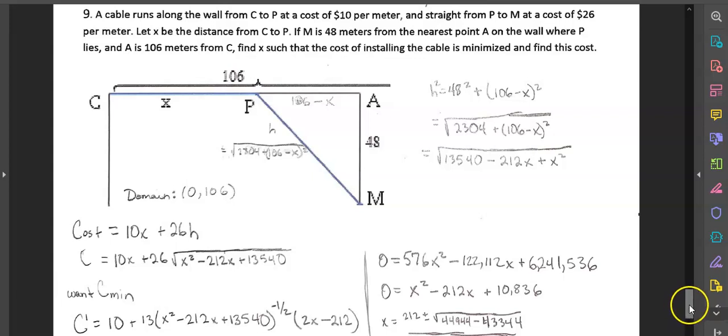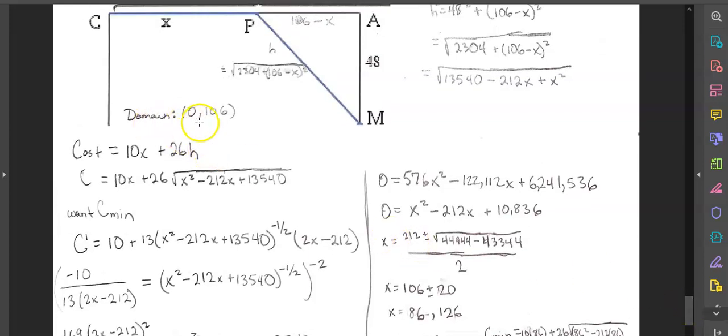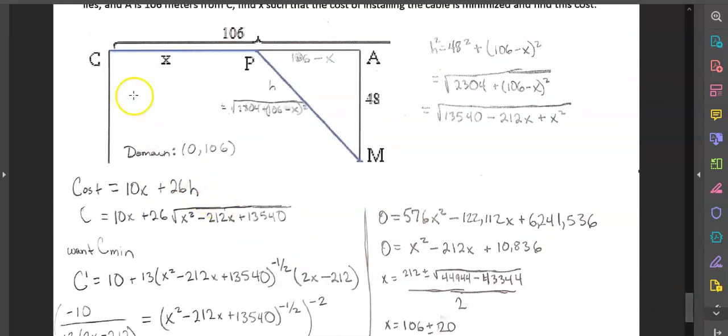The problem is telling us we're trying to minimize the cost. Again, our domain is going to be from 0 to 106 because that is the full distance that we have to travel up here. So we know it's going to be somewhere between 0 and 106. Our cost equation is 10 times x because as the problem said, it was $10 per meter for this distance, and then it was $26 per meter for this distance. So that's 26 times h.